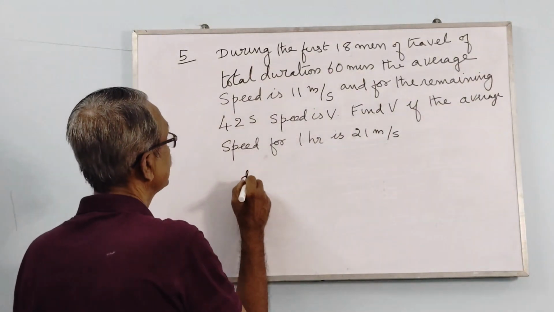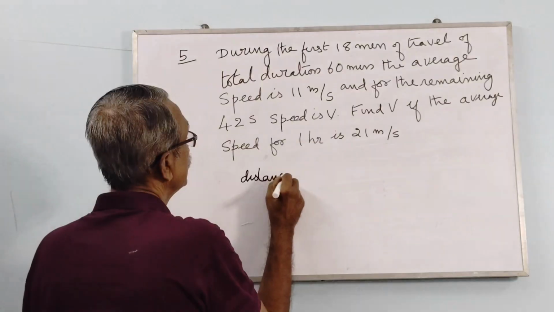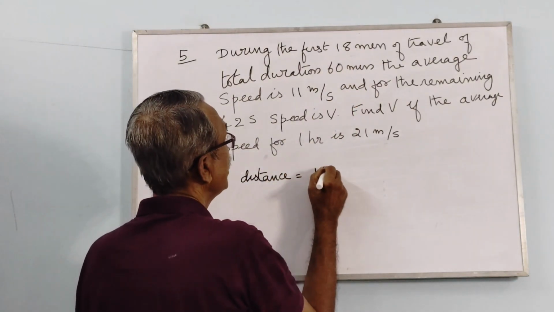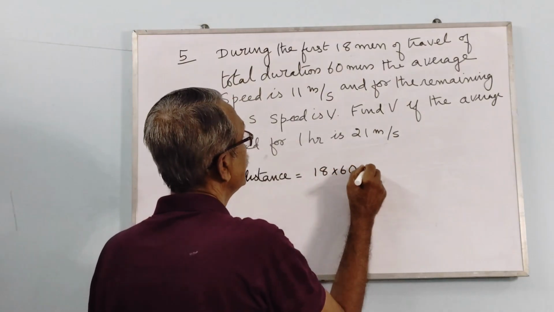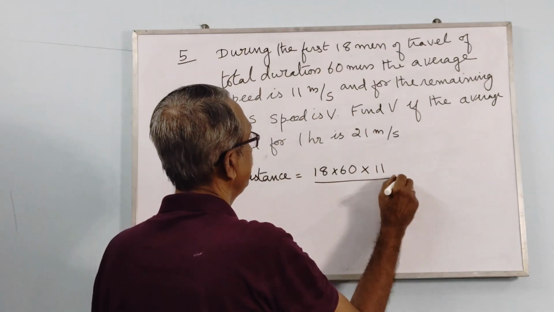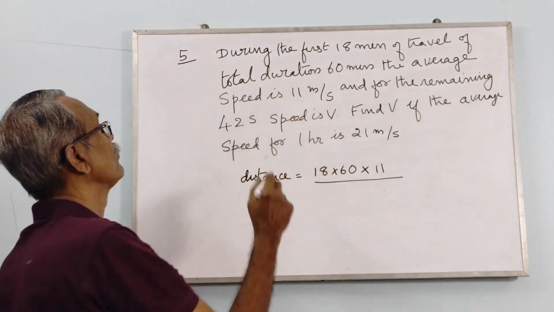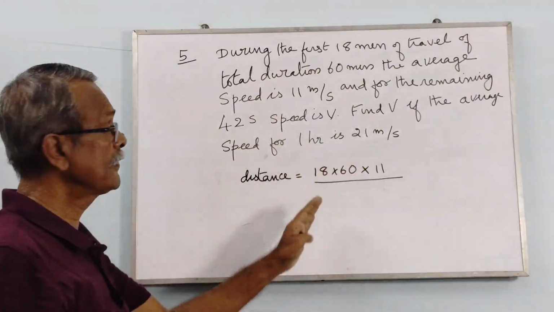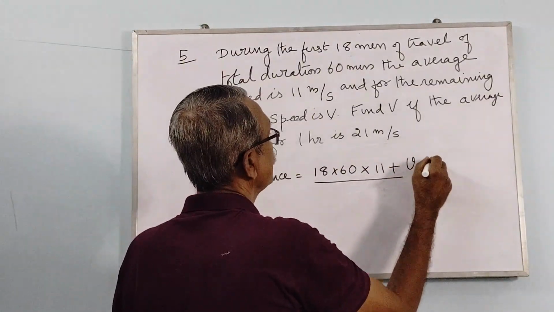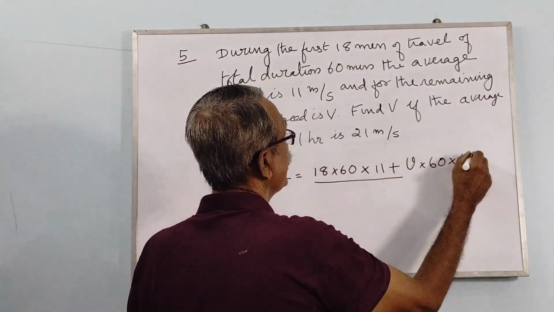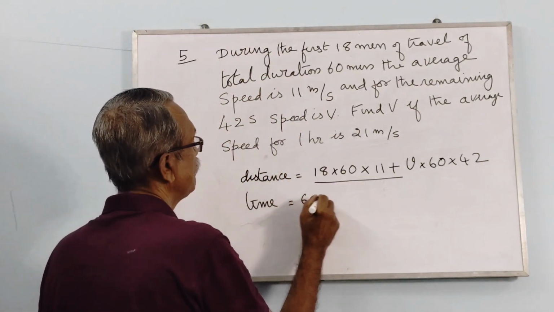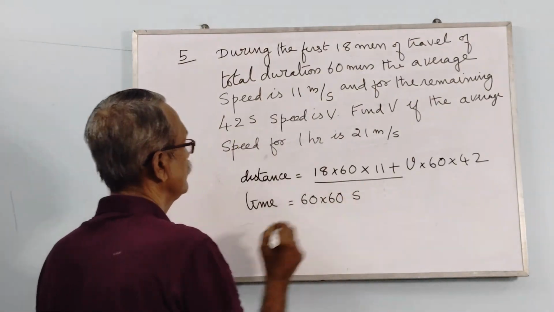So the distance equals, for first 18 minutes, that is 18 multiplied by 60 seconds multiplied by 11, plus V multiplied by 60 multiplied by 42, and the time is 60 multiplied by 60 seconds.